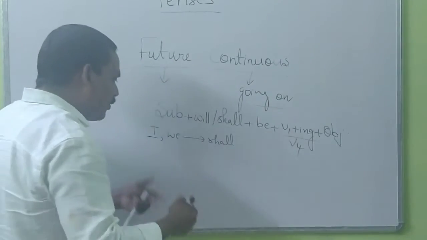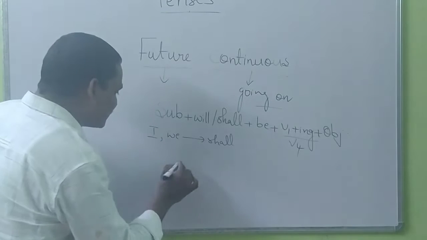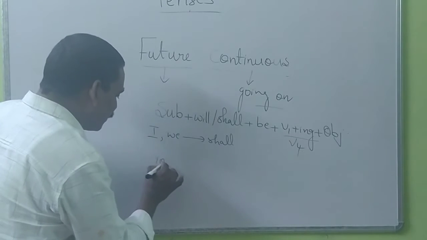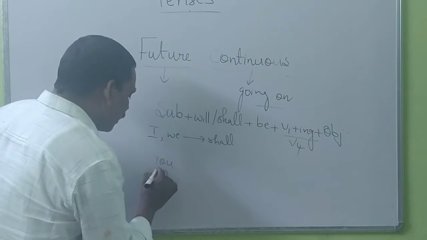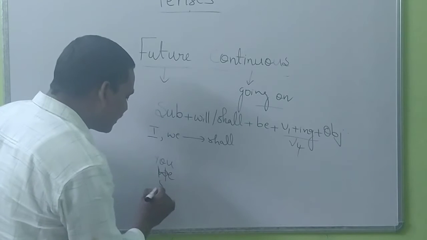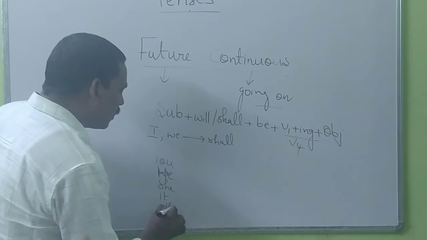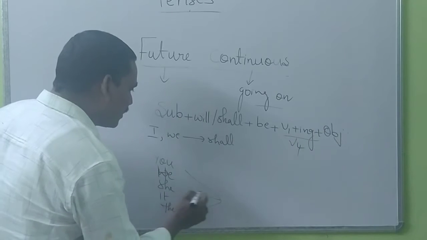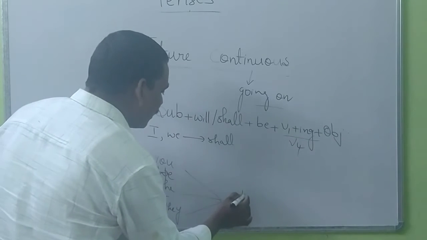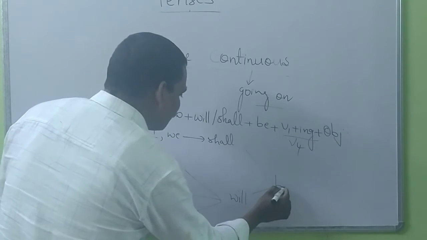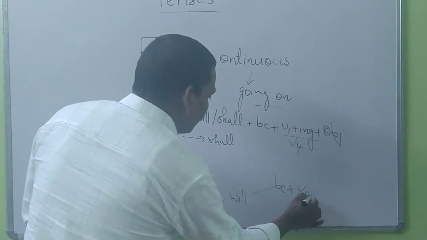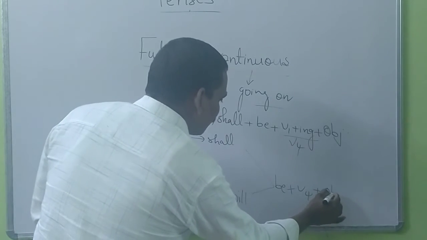The rest of the subjects, like you, he, she, it and they, all these, singular noun and plural, all take will. Here commonly we have to use be plus V4 plus object.